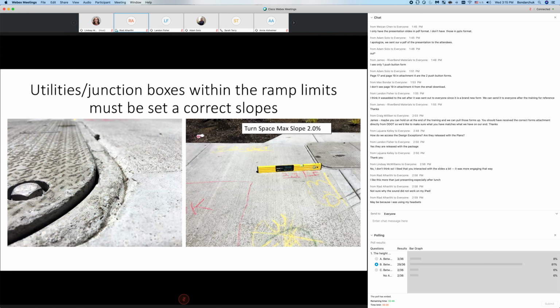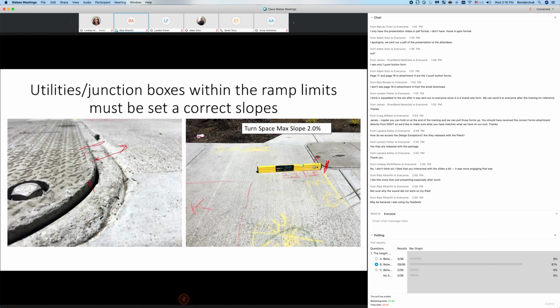The other challenge with those junction boxes is their lids. They don't necessarily always come flush as you put them, which creates a hazard, and then it affects the slope and all the criteria no longer fit. Because if you put the ramp here, you will end up with different sloping and so forth. So that won't work.